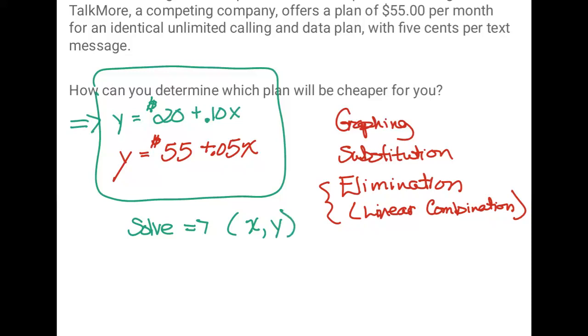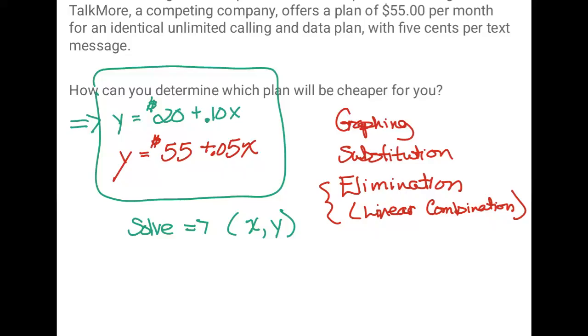Is that going to be helpful to tell me which one is going to be cheaper? What happens at this point? What happens at that point? Wait, what do you mean by that? When this is your solution, what is going on at that solution? Two lines intersect. That's where they intersect.